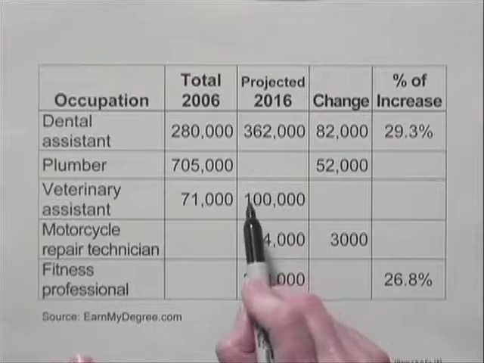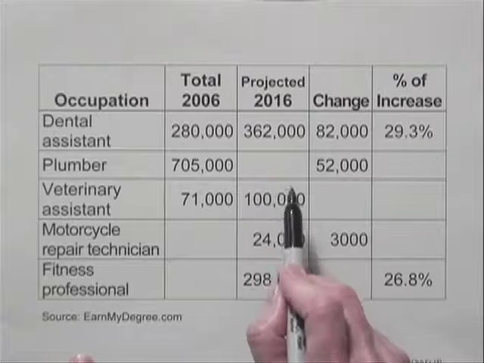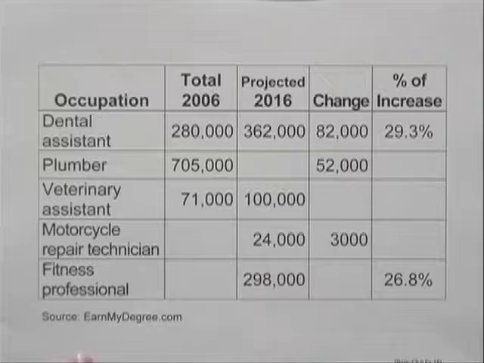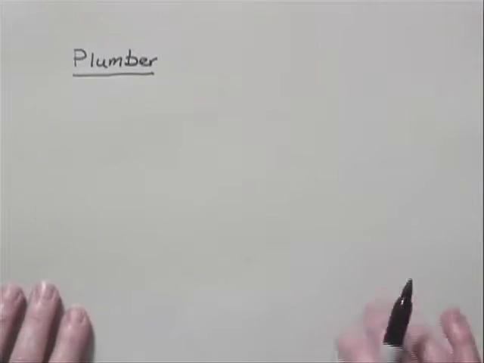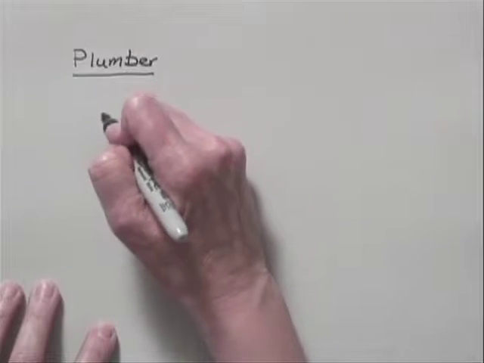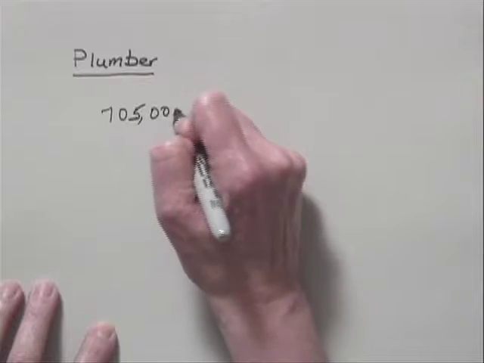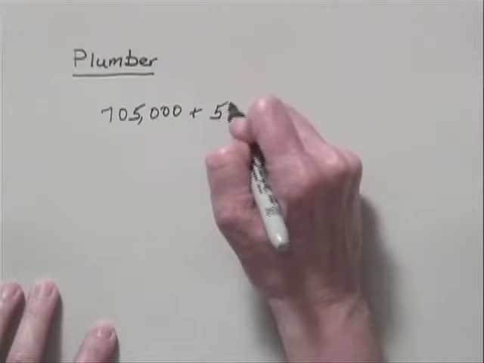And the first thing that we want to find is the projected number of jobs in 2016. We know that it's going to be 52,000 more than the number in 2006. So we can add to fill in that part of the table. We would add the number of jobs in 2006, which was 705,000, and the projected increase, which is 52,000.